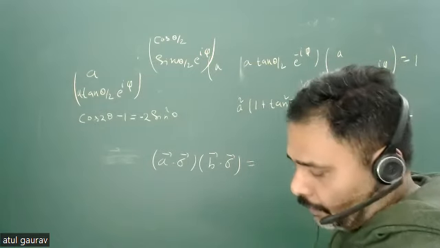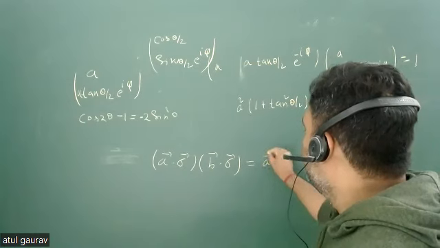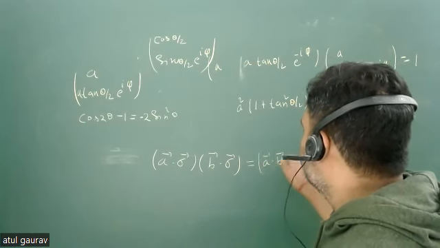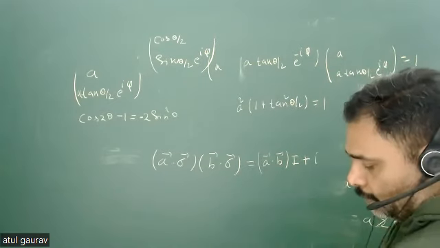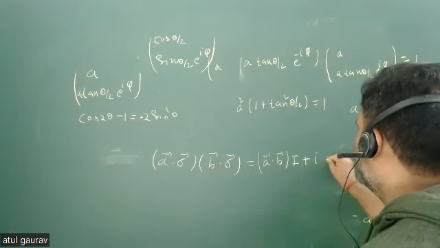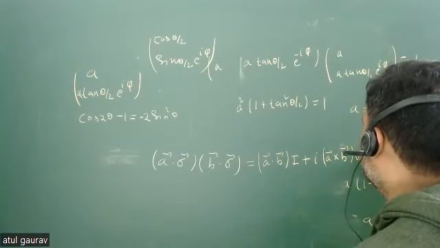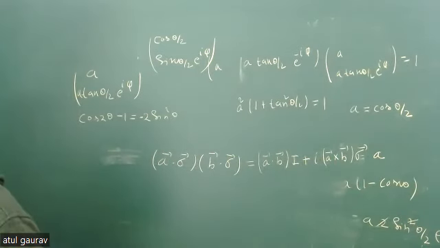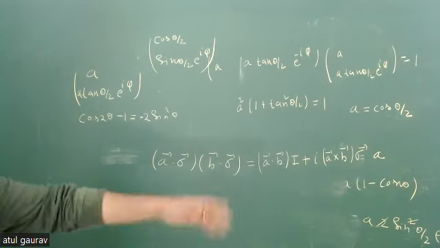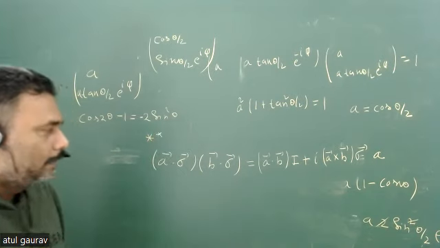So this value is known as A dot B into identity matrix plus i A cross B dot sigma. So this is one more identity that you have to remember, and we will use it for different types of problems, okay? So this identity is also important.